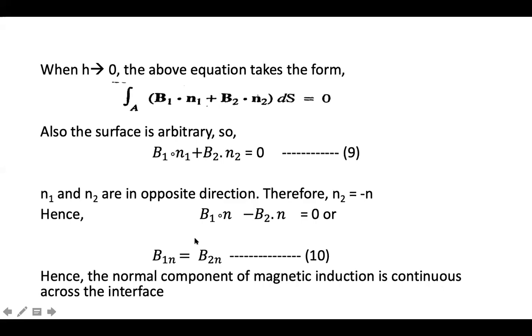It did not change, so when I try to find the change in B, it is 0. Whereas in D, when I took D1 minus D2, the value was sigma, so there was a change. Hence we said D is discontinuous, whereas across the interface, B is continuous. It is the same. There is no variation. So this is what we derive about D and B.